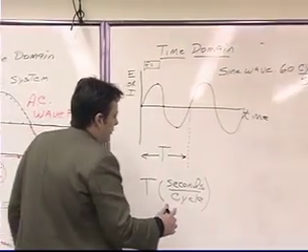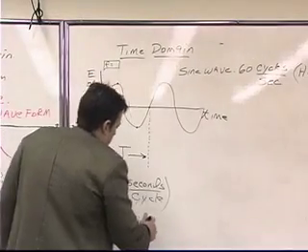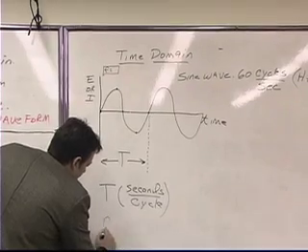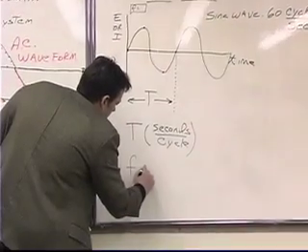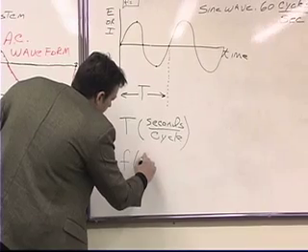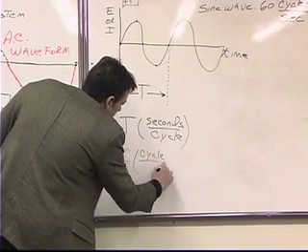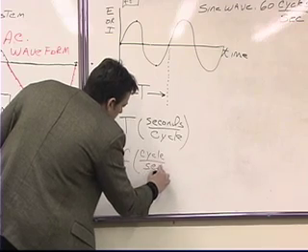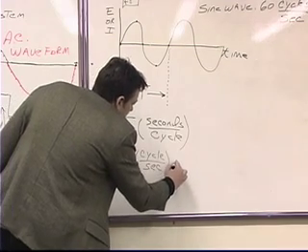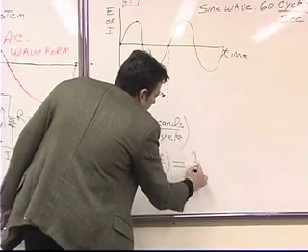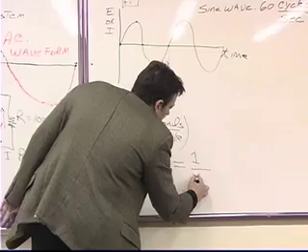They are inversely related to each other. In other words, frequency, which is measured in cycles per second, is simply equal to 1 divided by the period.